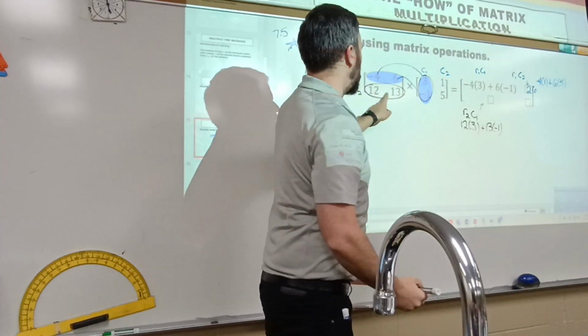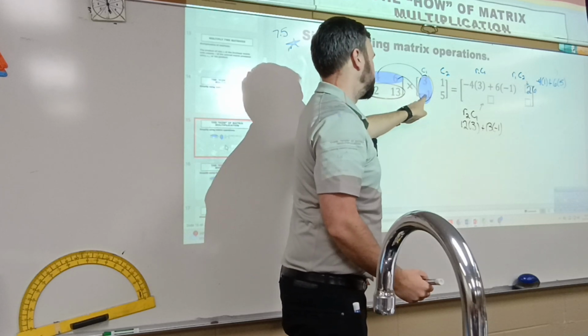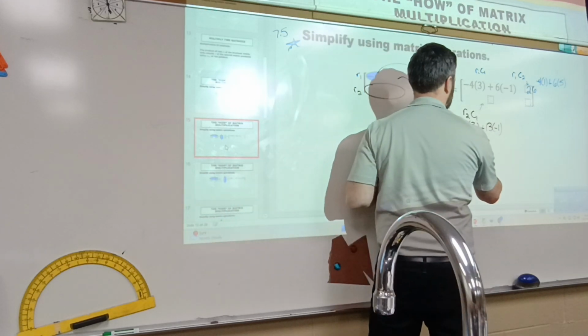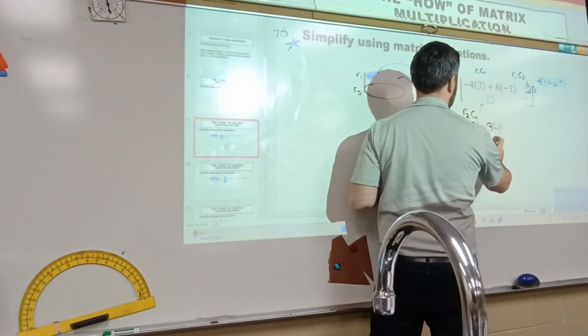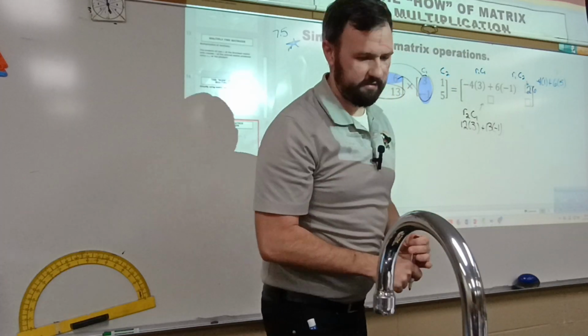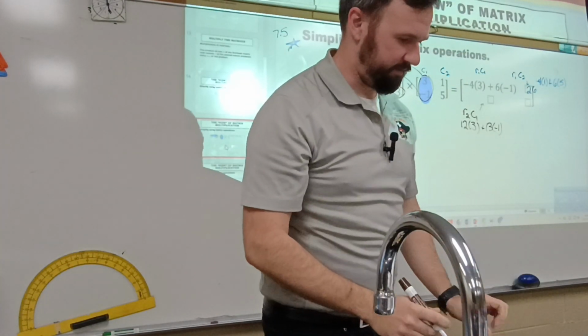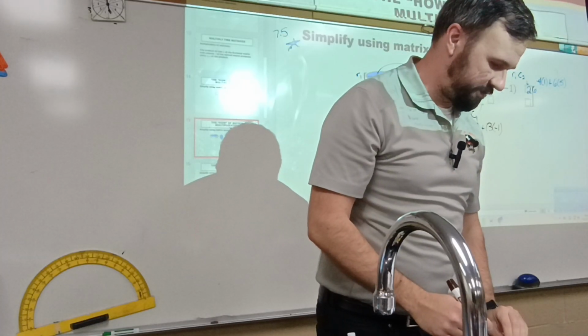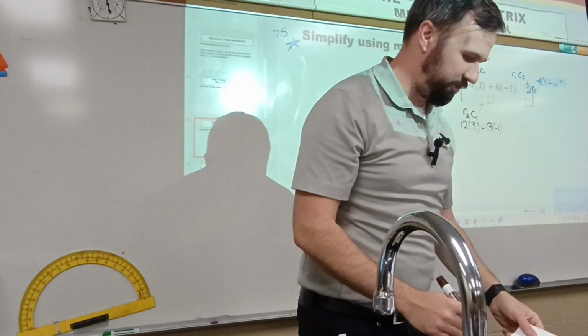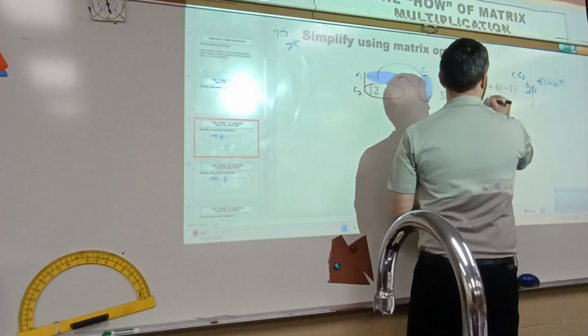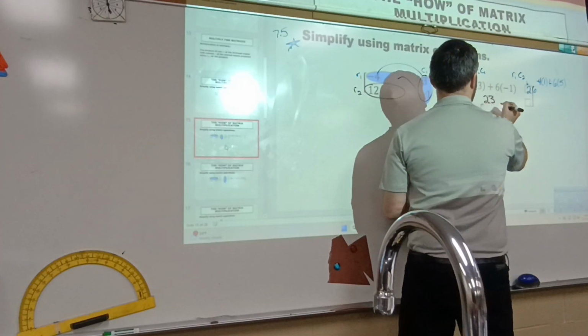Right? Row 2, column 1. So what's that? 36 minus 13. My brain's not firing on all cylinders yet. 23. Right?